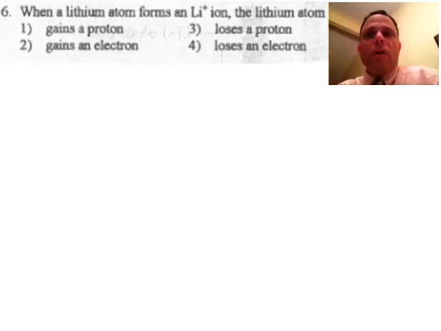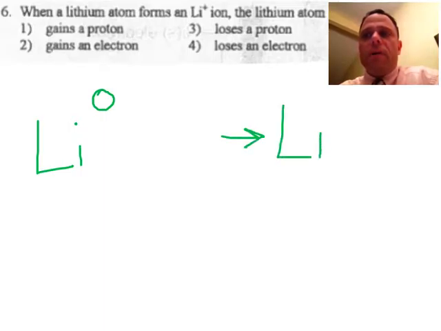Number 6. When a lithium atom forms a lithium plus ion, the lithium atom will do what? Well, it starts out as a lithium atom, so its oxidation number must be 0. And it is becoming a lithium +1 ion.